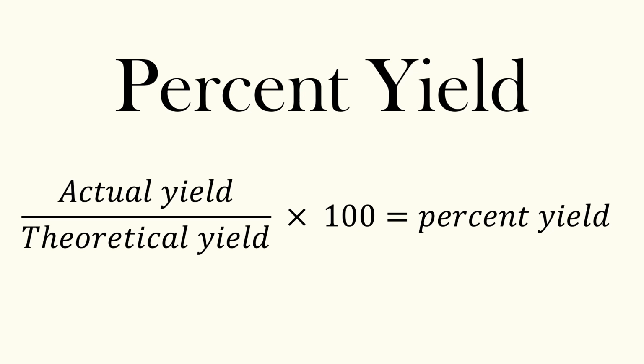We can take the ratio of these two to get a percent yield. A percent yield is calculated to test good lab technique or manufacturing efficiency. It is defined as the actual yield divided by the theoretical yield times 100.